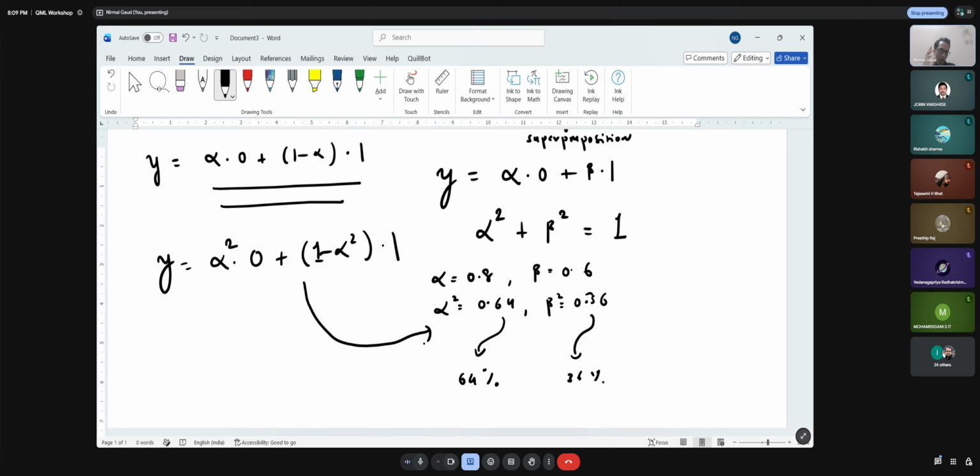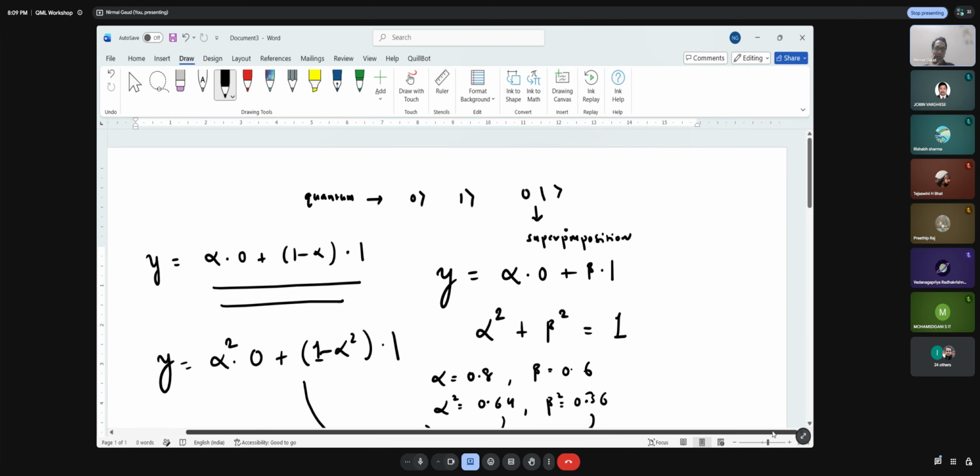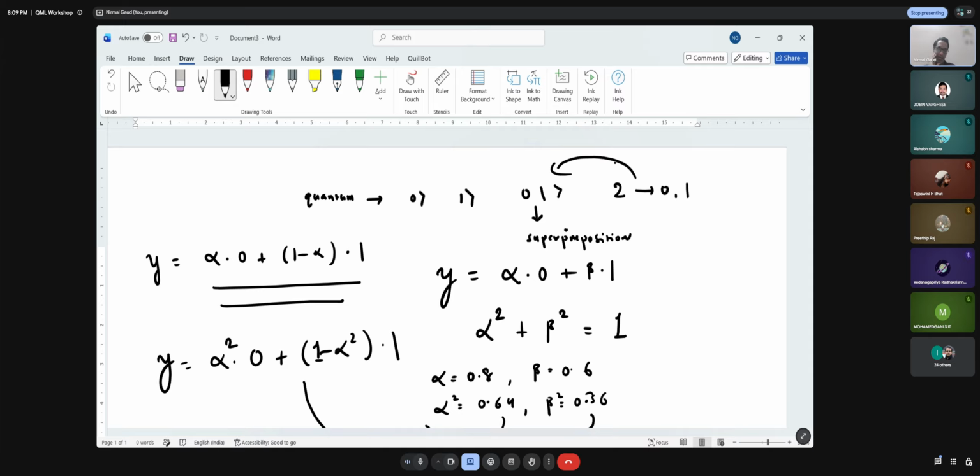According to the property of quantum, one particle will influence another particle because they are connected in a circuit, so obviously they are going to influence each other. The probability is already there, and we can write alpha 0 beta 1, two states 0 and 1, and combine them. That will represent a quantum.